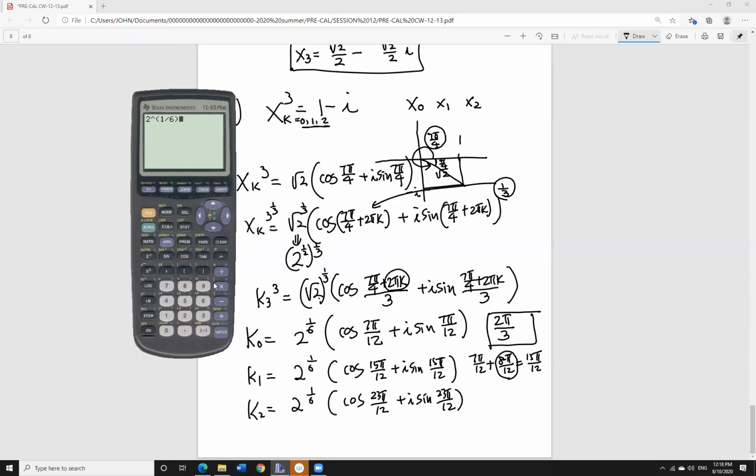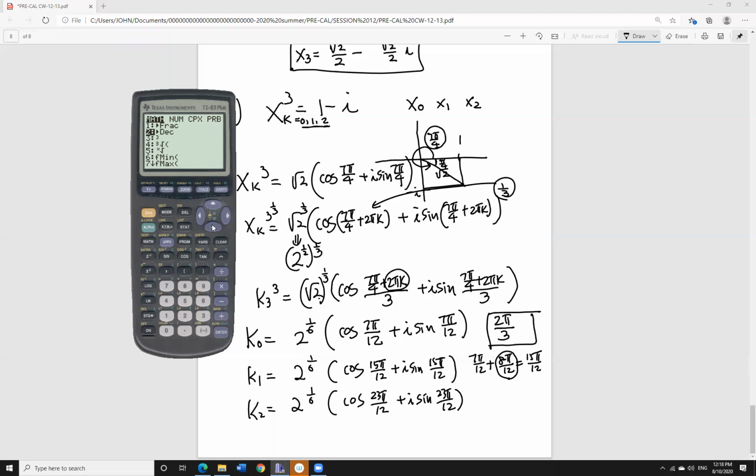Plus, parentheses, cosine 7 pi over 12. Let me check, this is cosine. Oh, what is i?